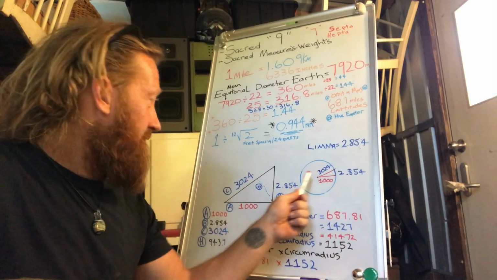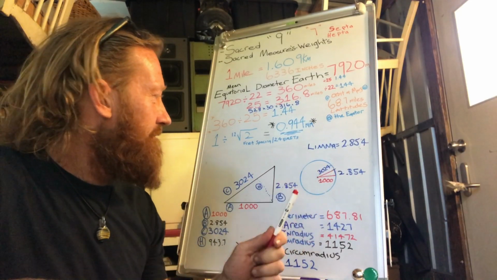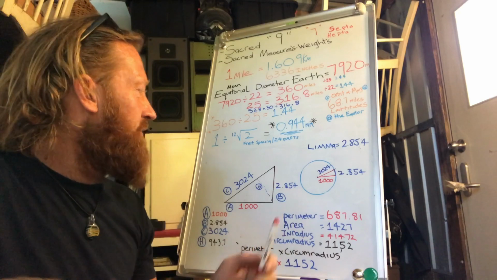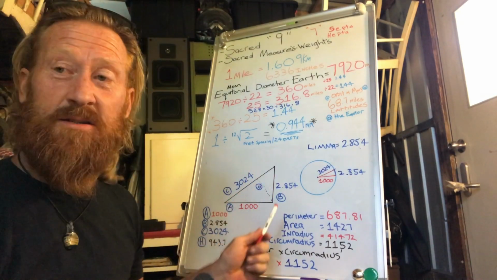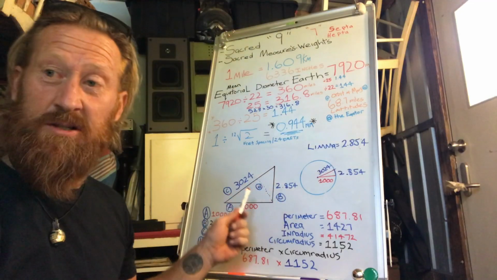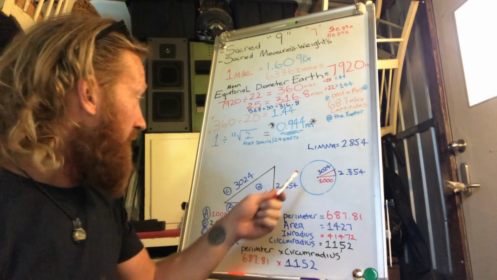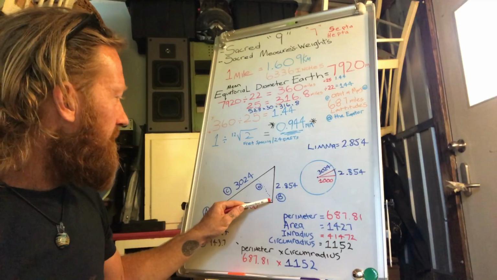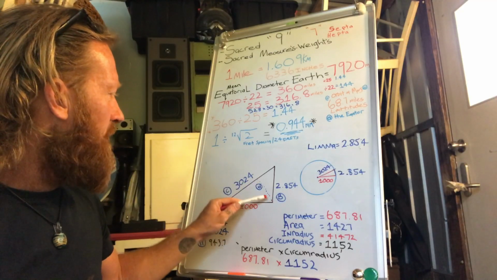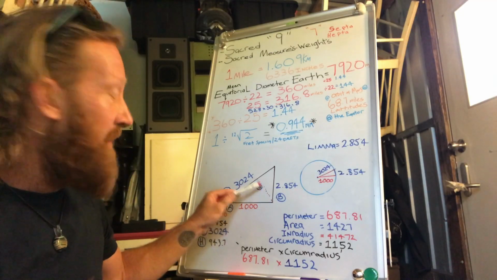When we take this part here and we get our 3024, and put it into our triangle calculators, we get all the measures for the triangle with these plugged in. We get the H line. I always forget what that is, but it's part of the calculator.